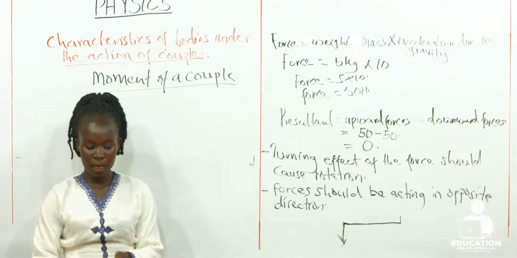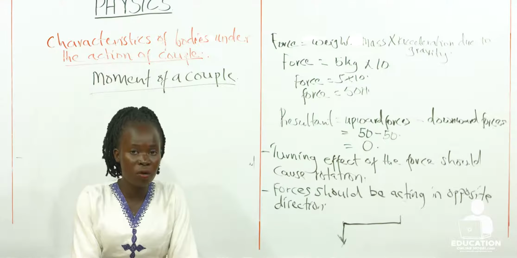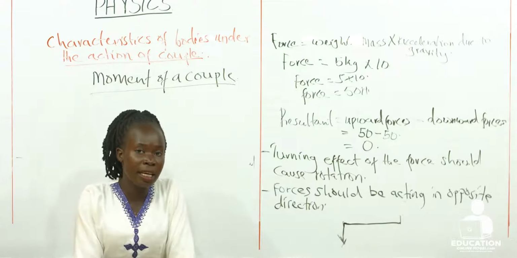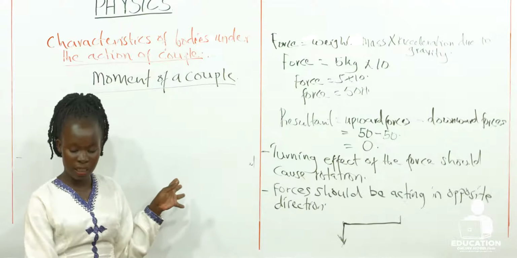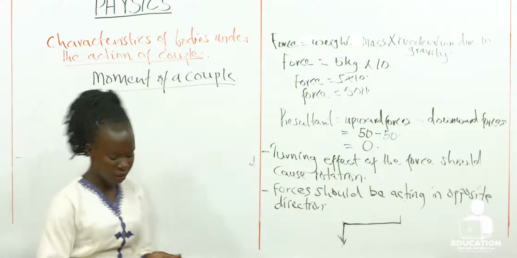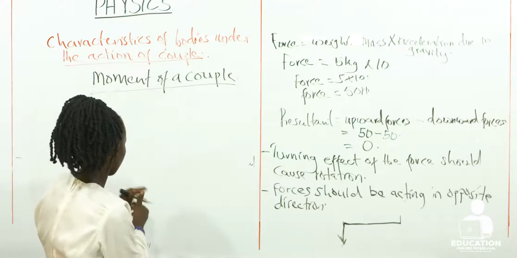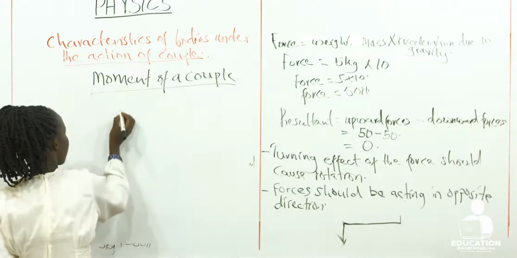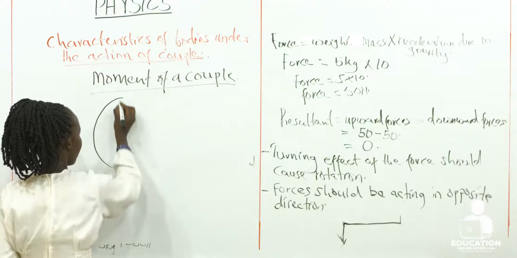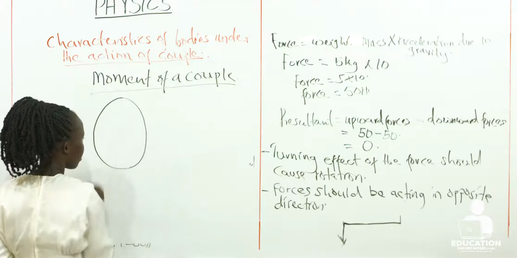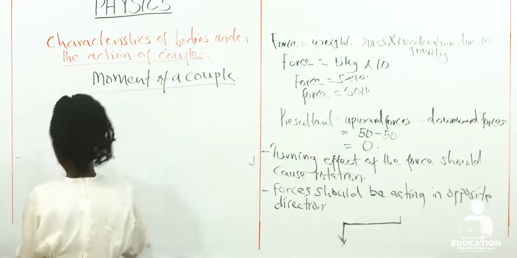We are saying that the moment of a couple is equal to the product of one force and the perpendicular distance between the forces acting. So how is this? Let's take a look at this. Let's take something circular like that. Or we first write some definition here.